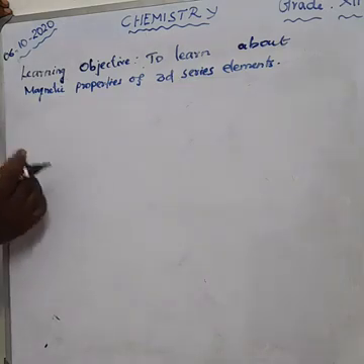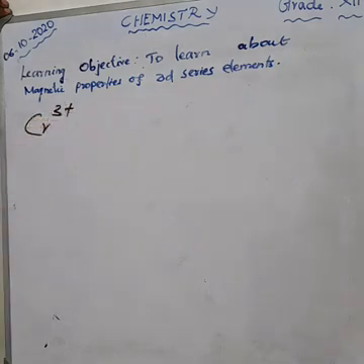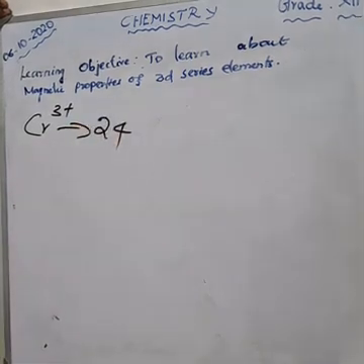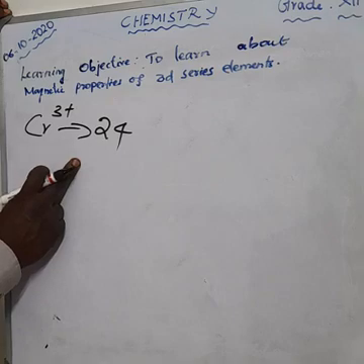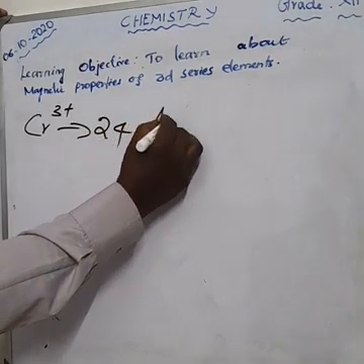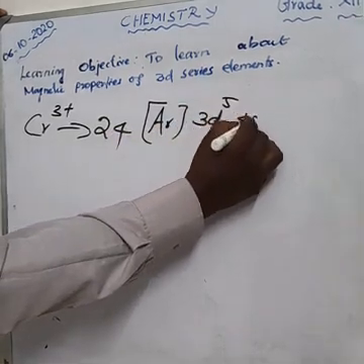First of all, we are writing Cr3 plus. Can you say what is the atomic number of chromium? Atomic number of chromium is 24. What's the electronic configuration? Be careful about writing the electronic configuration. How will you write the electronic configuration for chromium? Argon 3d5 4s1.